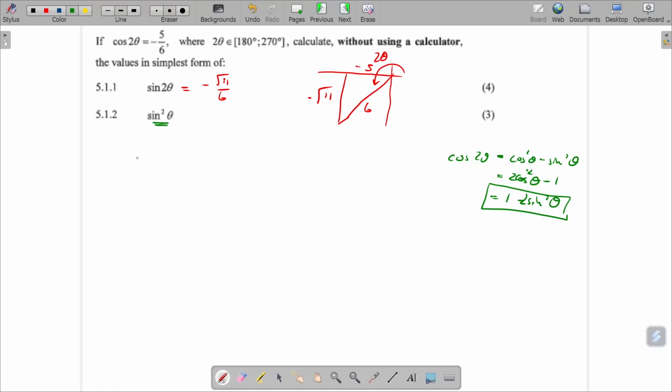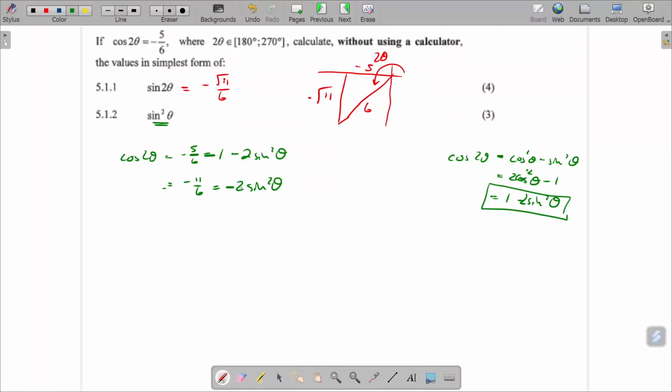So we know that cos of 2 theta, which equals minus 5 over 6, is equal to 1 minus 2 sine squared theta. Let's take that one across. So we're going to get, therefore, taking the one across, minus 11 over 6 equals minus 2 sine squared theta.